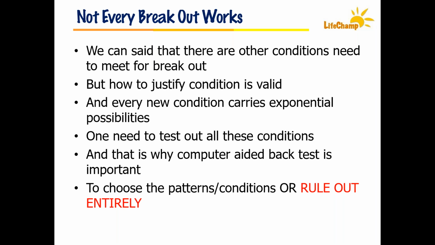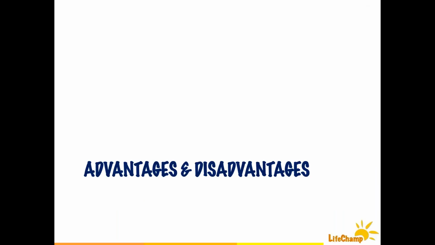That means it doesn't apply to this particular sector or this particular instrument, stocks or futures. You cannot use breakouts, for example. To fix this, you need a computer backtest system, because a computer can work thousands or millions of times faster than we can.